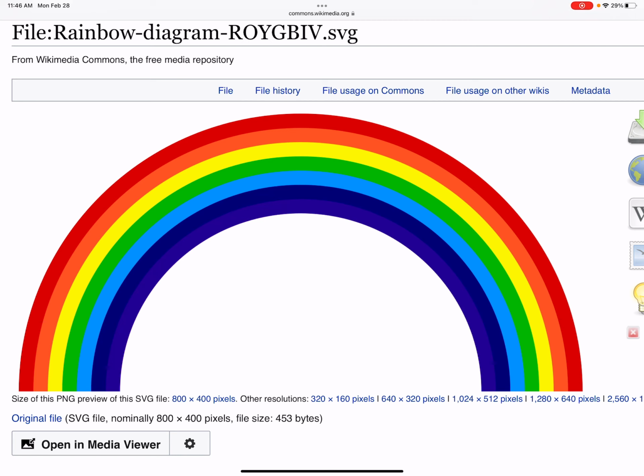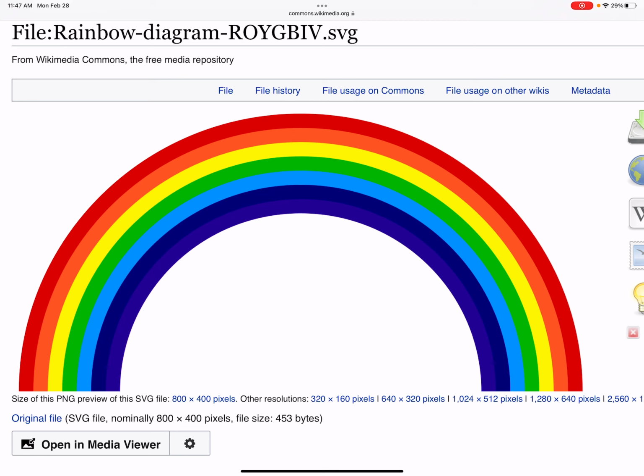If you look at the red arc and compare that to the violet one, the outer one and the inner one, what do you notice about the red one? Its wavelength is longer. Red is the longest wave. The violet in the middle is the shortest wave. Green is in the middle.